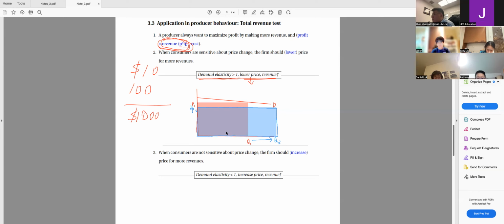So guess which one is bigger? The blue one's bigger, right? So I can prove that when price decreases, quantity demanded increases by a lot, so you can make more money.